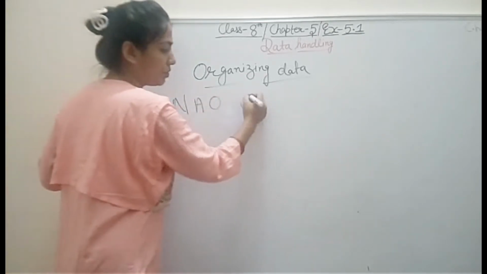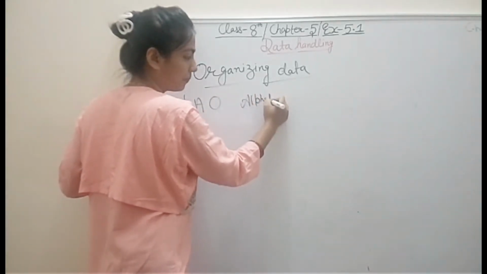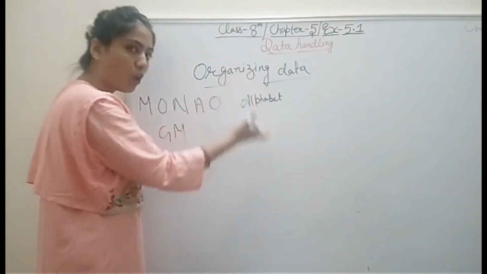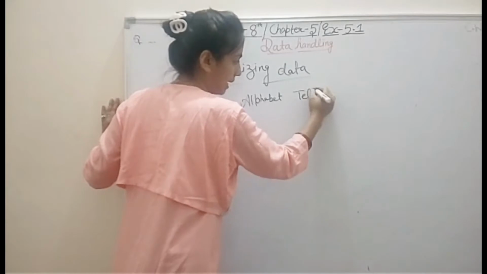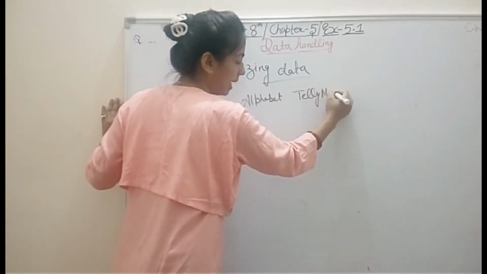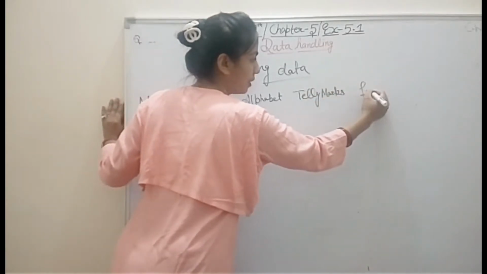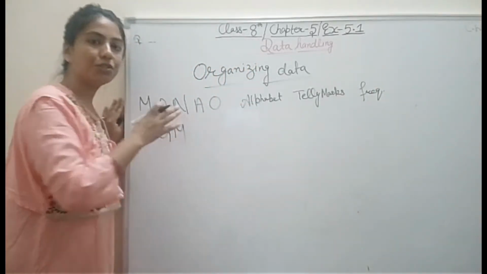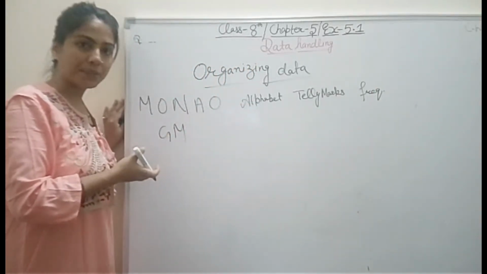First of all, what are you having? Alphabets you are having. This alphabet you have to organize in the form of tally marks, and at the last there would be frequency. Frequency means the number of times a thing appears in the series, right?